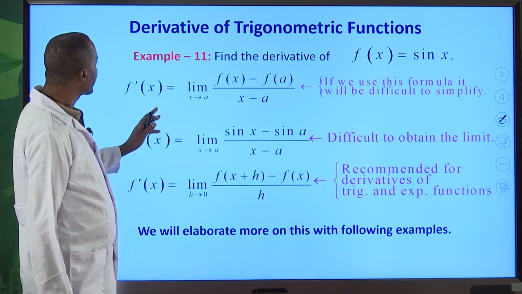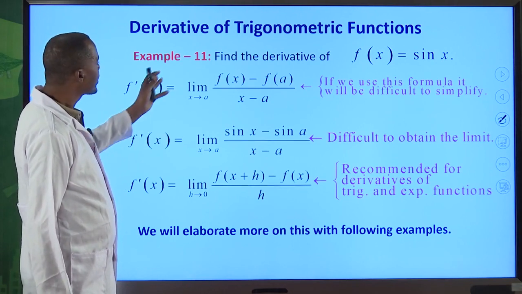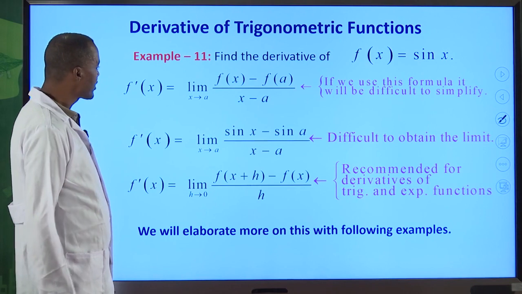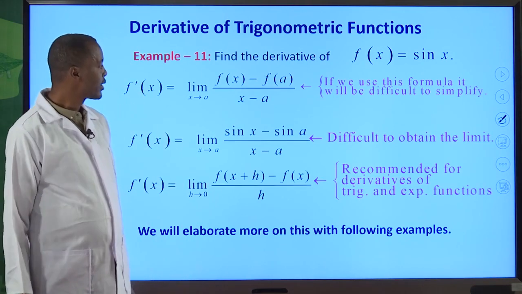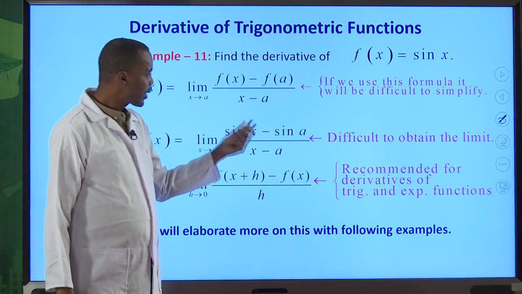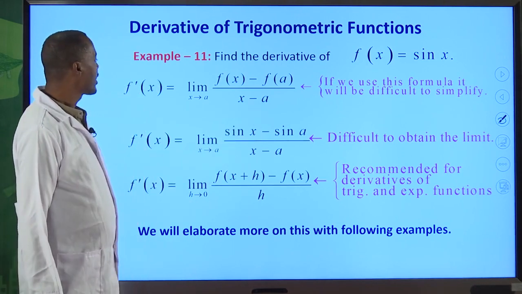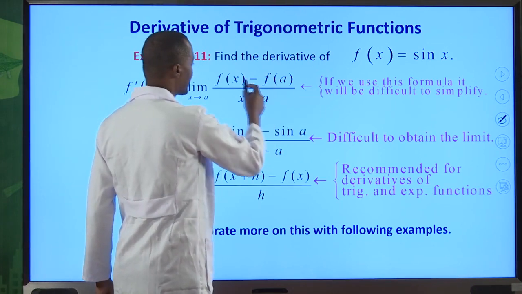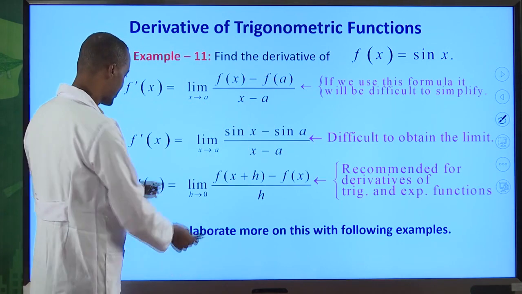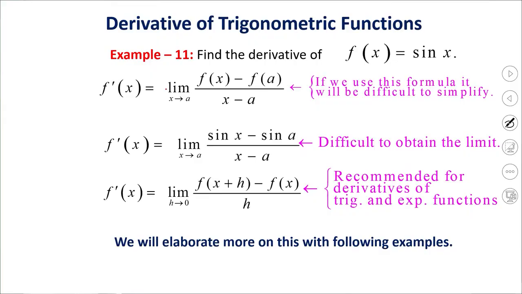Now once again I want you to pay your attention to the derivative of trigonometric functions. As I told you, there are two alternative formulas for calculating the derivative of any function. I told you that this is not the one which is recommended for trigonometric functions, but rather this one is. But I want you to test why this is not the right option for the derivative of trigonometric functions.